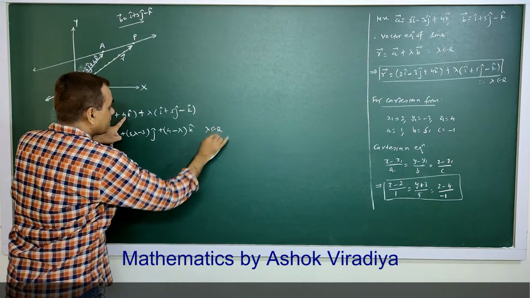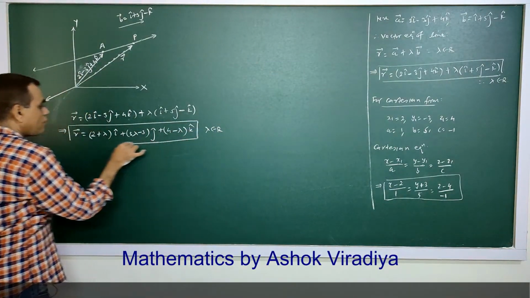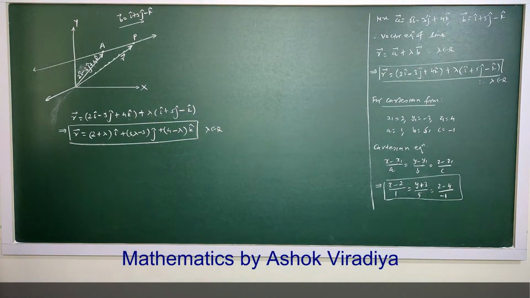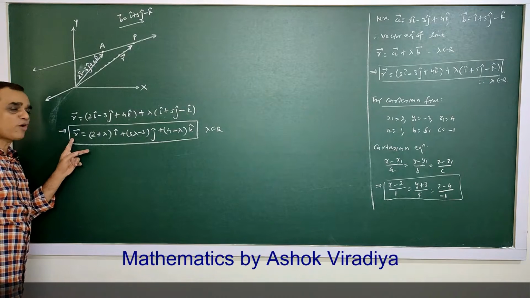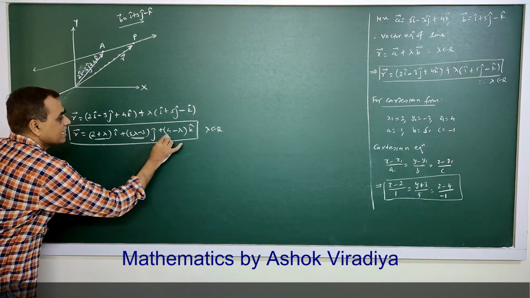Lambda belongs to R. So this equation can also be written in this form. Vector R is the position vector of a variable point whose scalar components are now visible in lambda form.